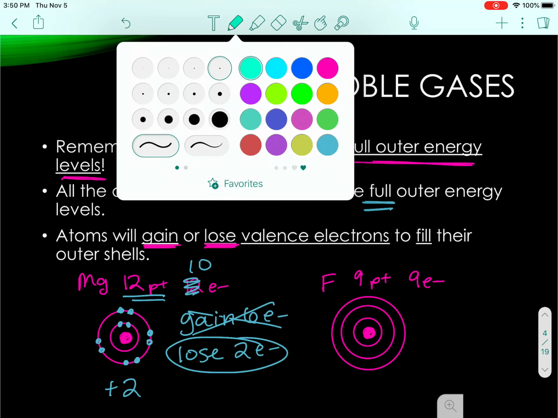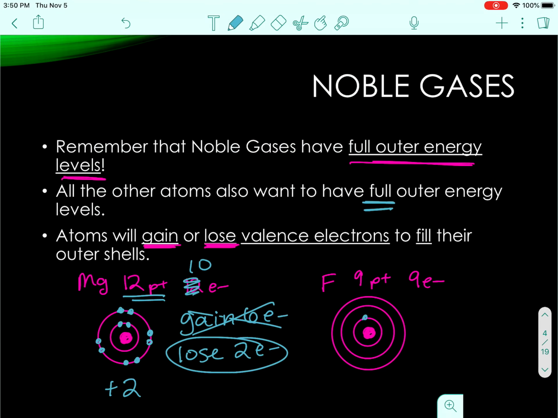Okay, so let's go ahead and draw our electrons. So remember, 2 in the first, and then we can have up to 8 in the second, but we're not going to need 8 quite. We're going to need 7 because we want to get to 9 electrons. So that means 1, 2, 3, 4, 5, 6, 7, 8, 9. Okay, 9 electrons. Now, remember, I'm going to erase this last ring because we didn't need it.